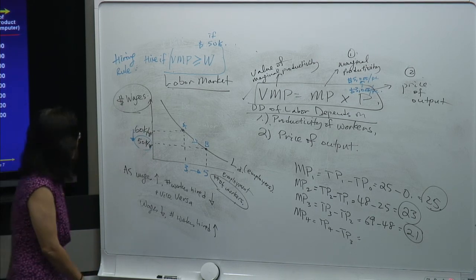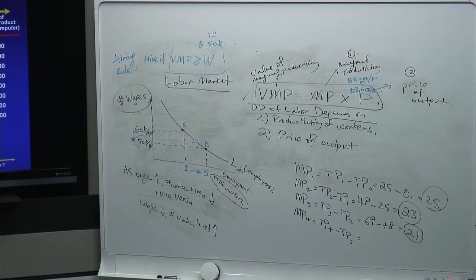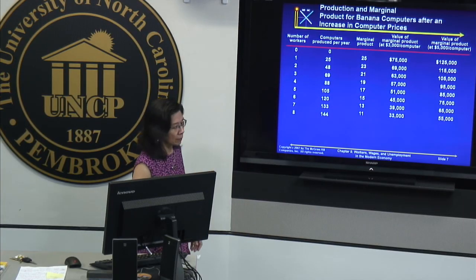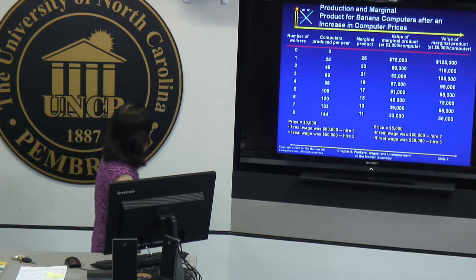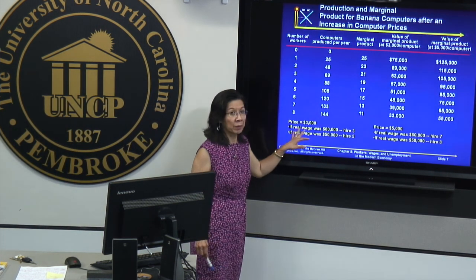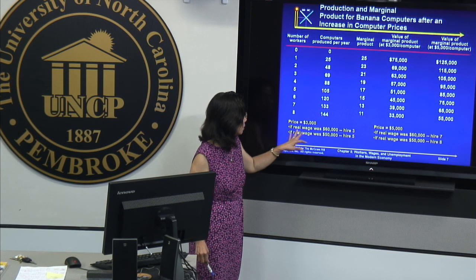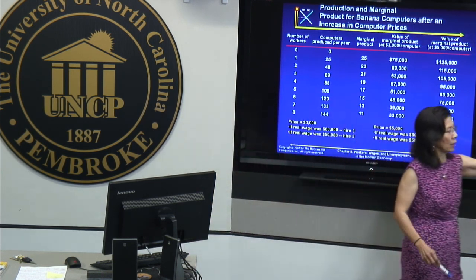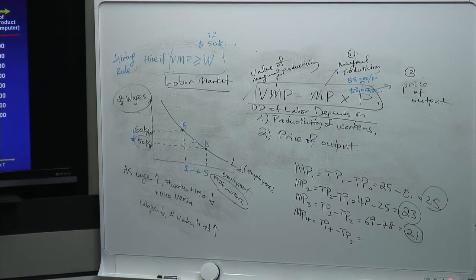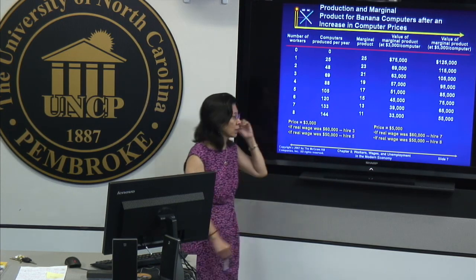Yeah, so that's what happened. Now, what is the assumption here? This is the previous case, where if the wage is 60K, you hire 3, and 50K, you hire 5. I represent it so it's clear for you to do the comparison.